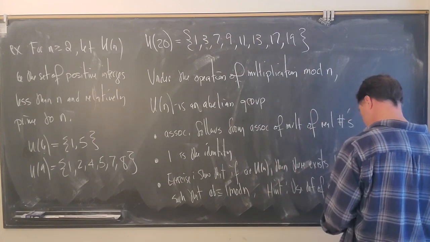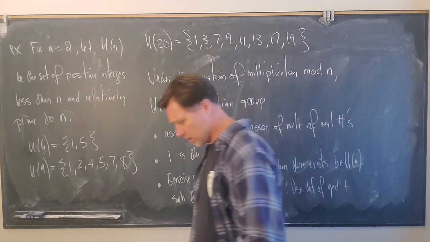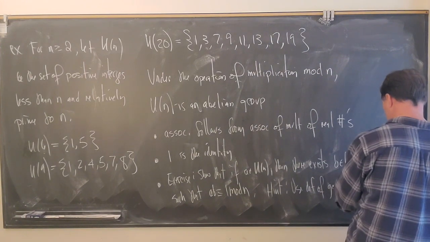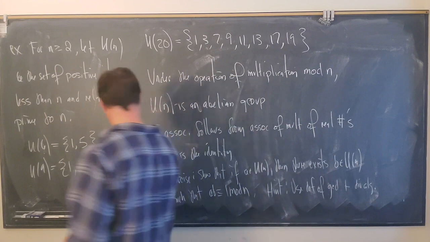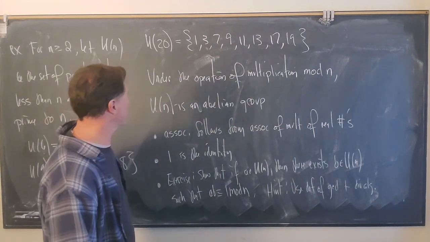All right, so use the definition of GCD, and what else do you need? I think you need the division algorithm. So that would be the steps to verify it as a group. Of course, I guess, and I kind of glossed over this.